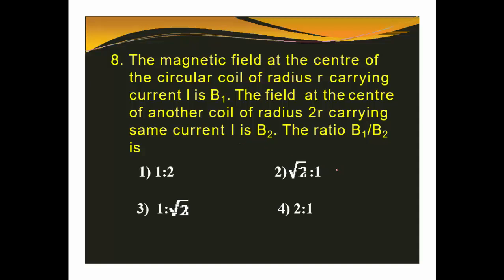Find the ratio of B1 by B2. Very simple. The magnetic field formula at the center is mu naught by 2 Ni by R.